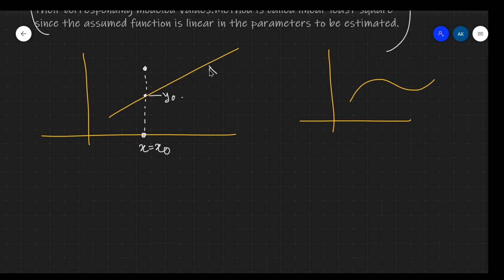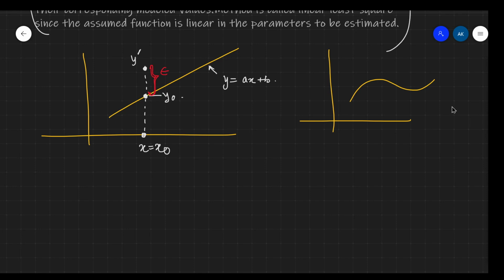If the equation of this is y = ax + b, then when you put x naught in this, you will get a value of y naught, which will lie on this yellow colored line. But if someone is telling that my value is y prime, then what is the error? The error is the difference between expected and obtained. This we call error.